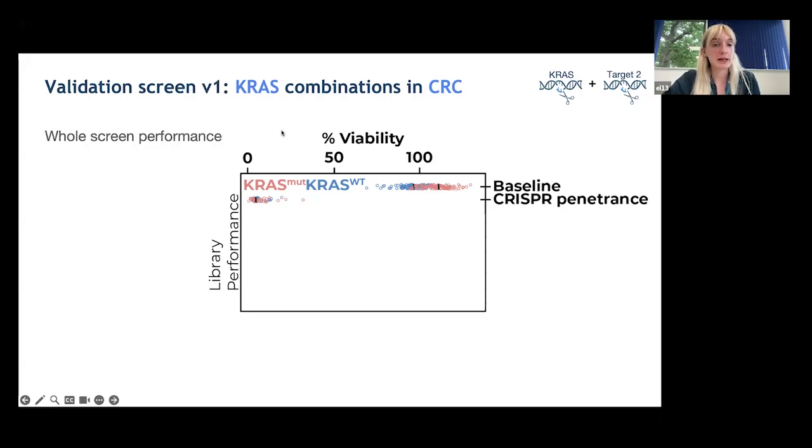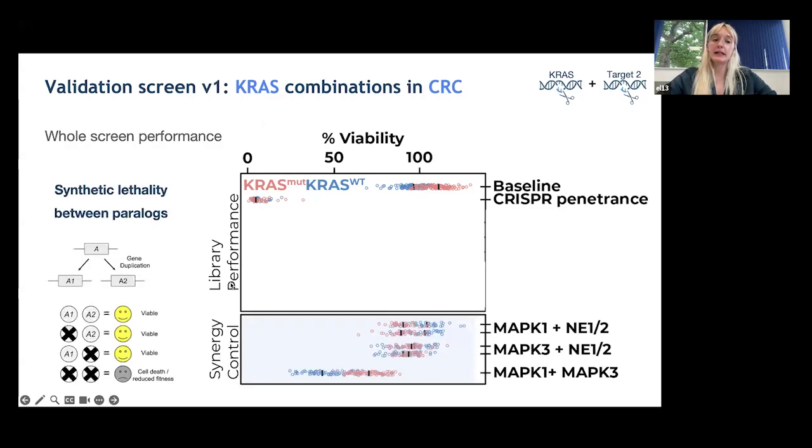So if we start by looking at the baseline, which is where we targeted two non-essential genes to control for the effect that we're introducing CRISPR perturbation, you can see, as expected, baseline has no impact on viability, which is to be expected. We also included a highly penetrant positive control, which shows a strong impact on viability. And this just gave us an indication that we've got a good assay window within which we can assess novel combinations.